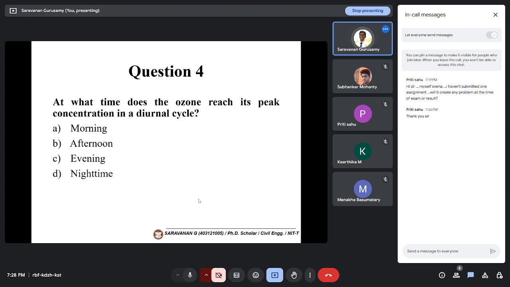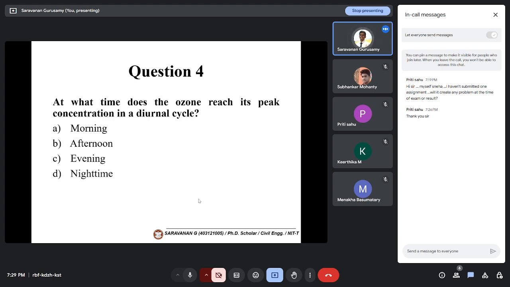So the fourth question: at what time does ozone reach its peak concentration in the diurnal cycle? We have discussed how ozone is produced. I am not talking about the ground level ozone yet. The stratospheric ozone is formed from O2 plus O with the help of sunlight as a catalyst.